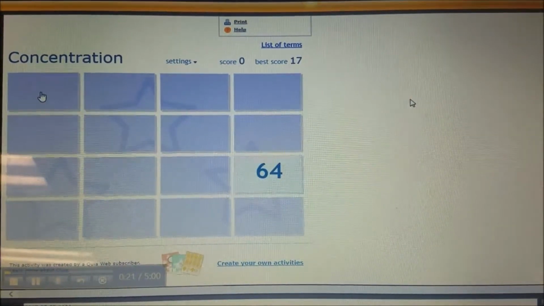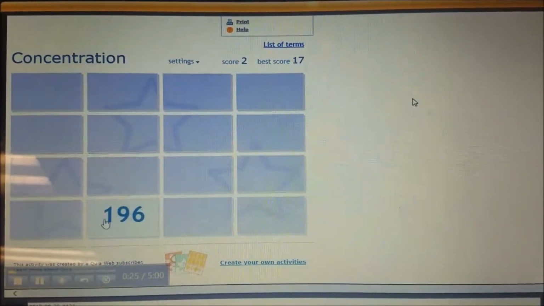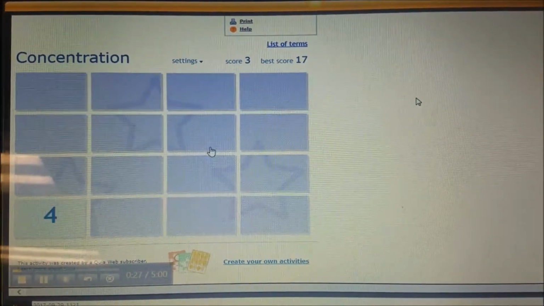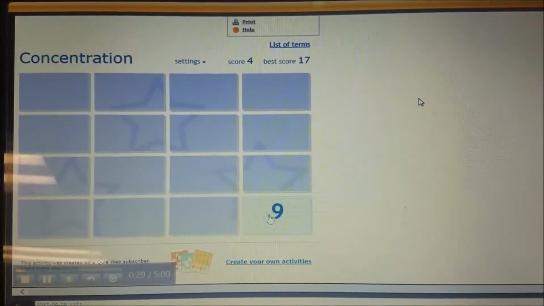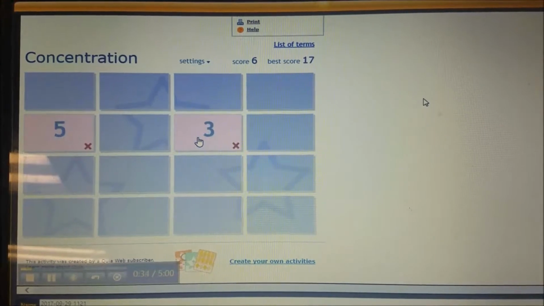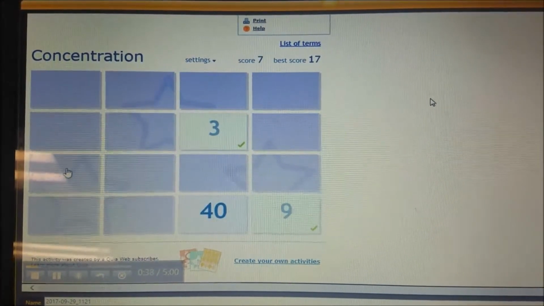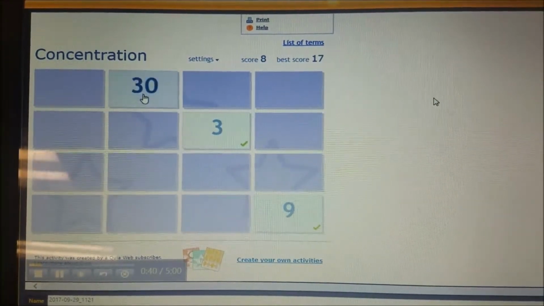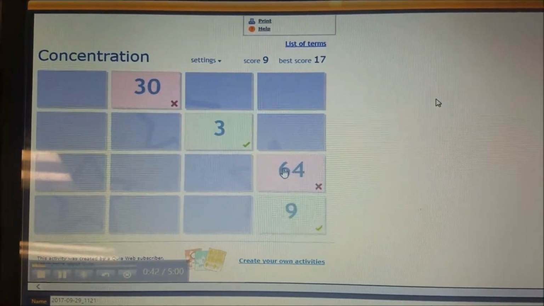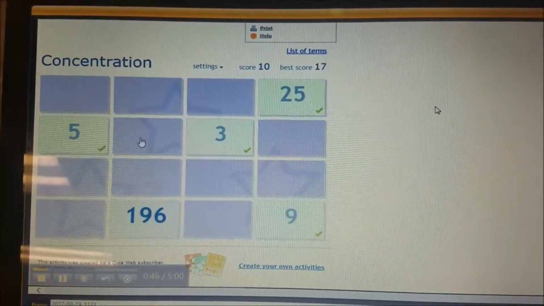So this game is called concentration, where you have to match each number with its corresponding square or perfect square. First, students will need to find the squares, and then they have to remember where each one is in order to complete the game.